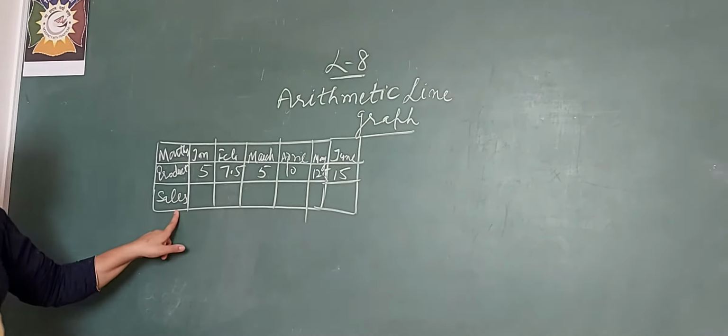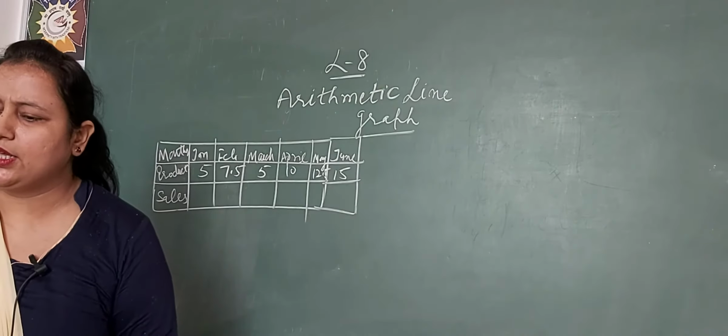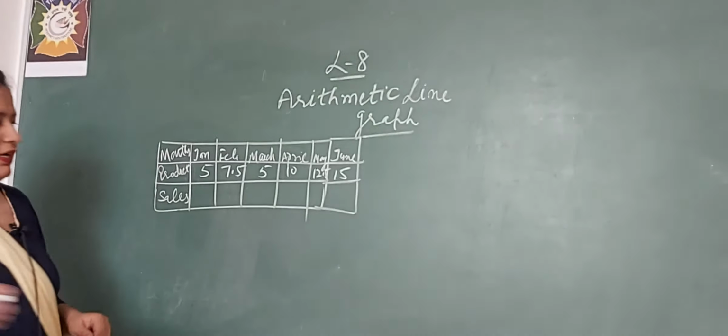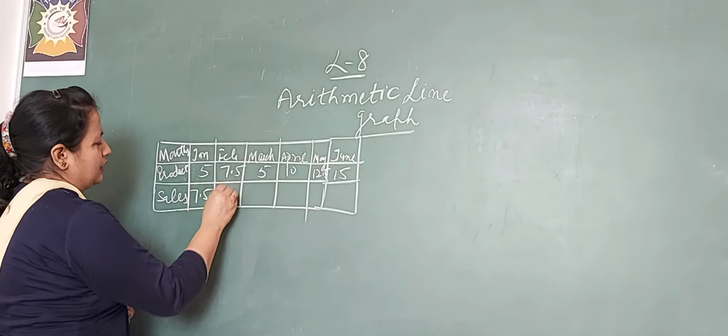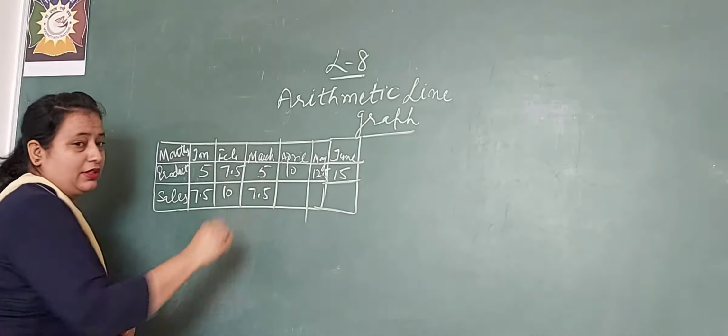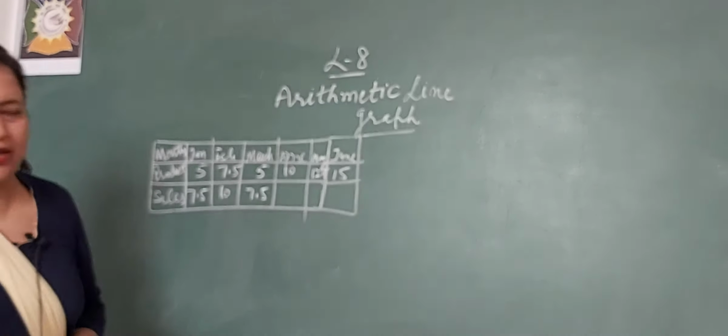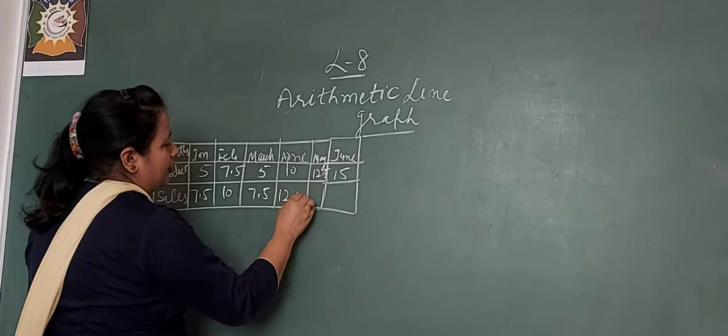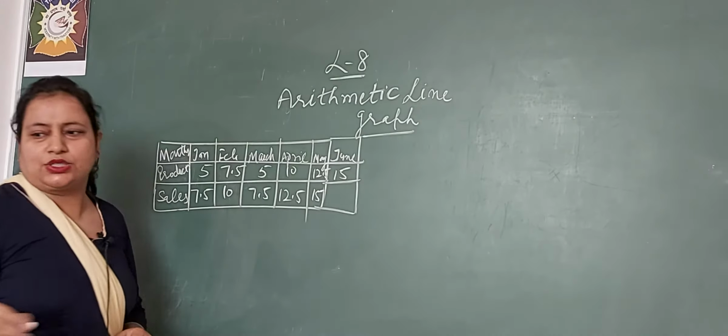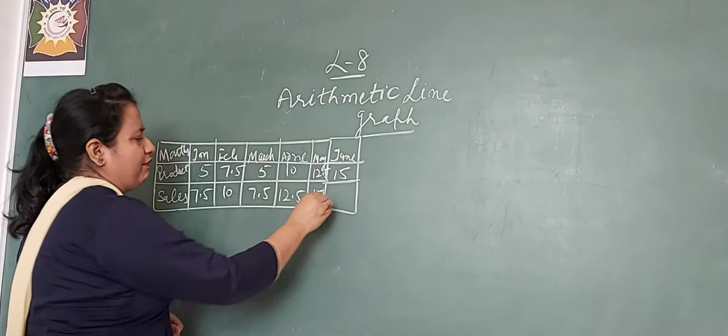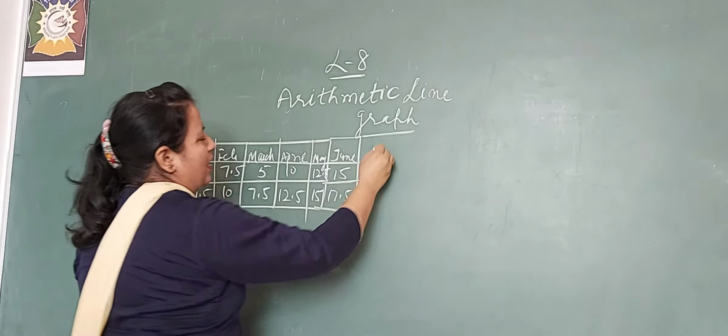And sales I am taking 7.5, 10, 7.5, then 12.5, 15, and the last one is 17.5. So I will start.